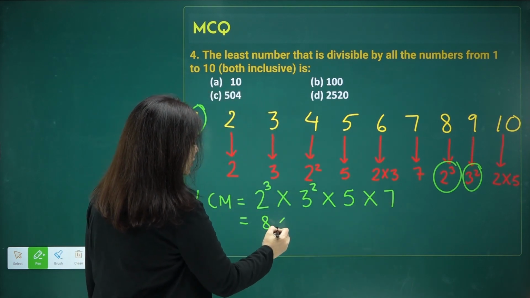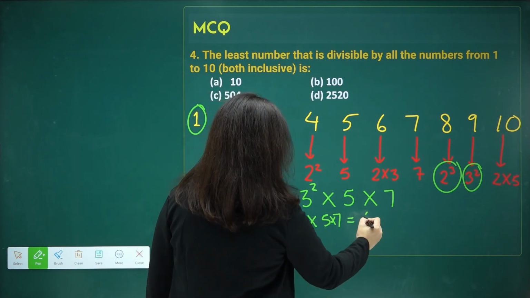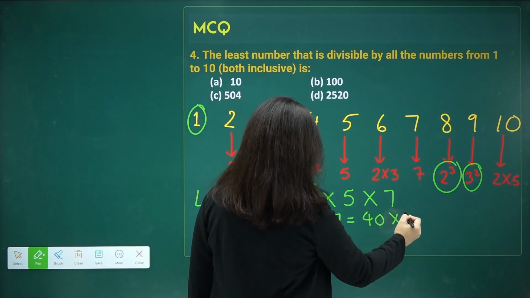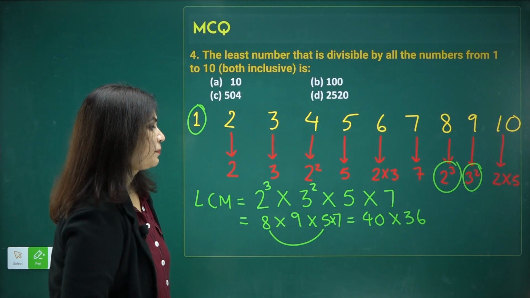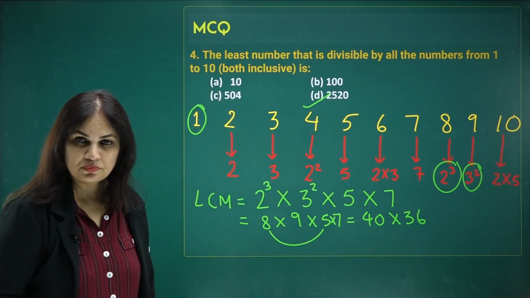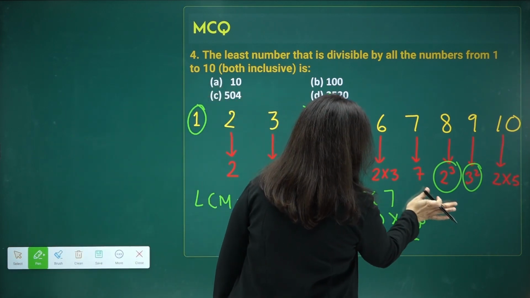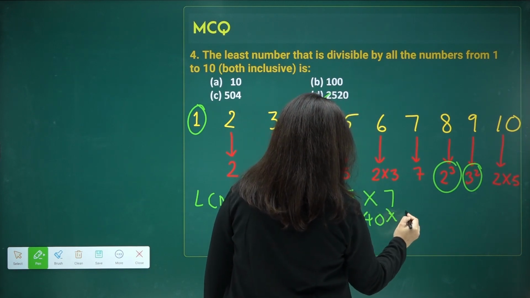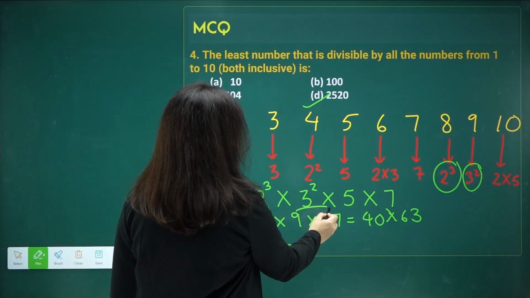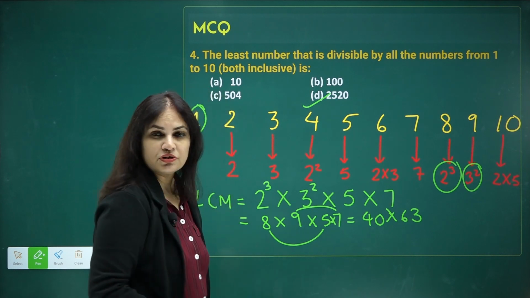So we get 8 into 9 into 5 into 7. I multiply it in a very convenient way: 8 multiplied by 5 and 9 multiplied by 7, so 40 into 63 will give you 2520.